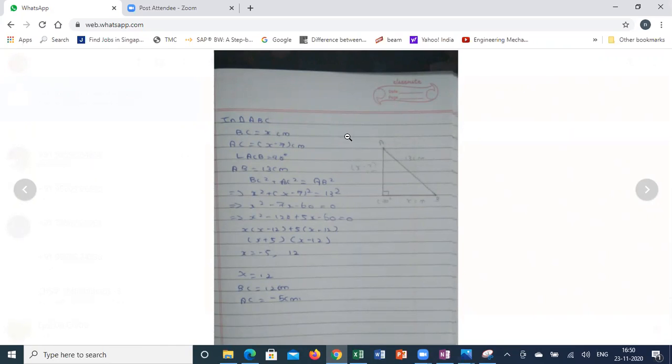AB hypotenuse is 13. Yes, sir, it's given. x minus 7 whole square is equal to 14 square. So negative answers can't be valid. So the answer is 5, 12, 13. Correct? Yes, sir.